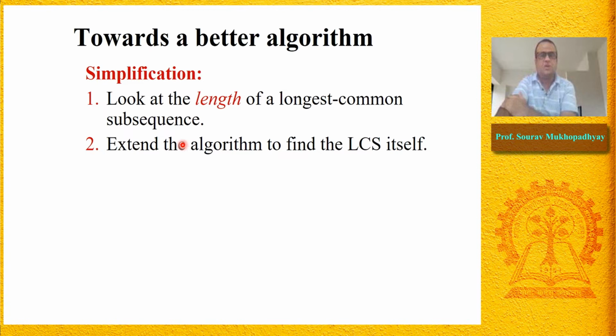So first we look for the length of the longest common subsequence, and that length is unique. Once we get the length with some algorithm we'll discuss, we extend that algorithm to find a longest common subsequence. So that is the idea, that is the simplification.